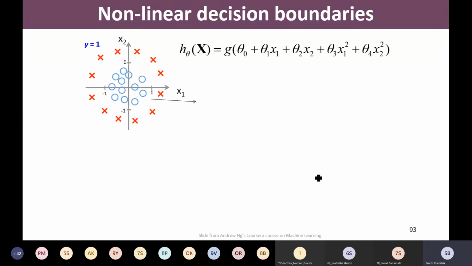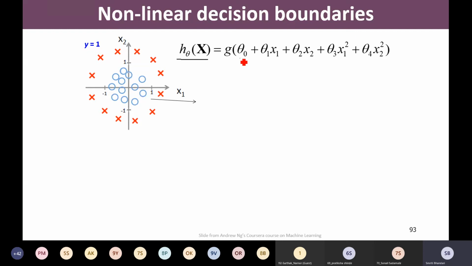So once again, we are assuming that our h theta x, that is the hypothesis, is of the form g of theta 0 plus theta 1 x1 plus theta 2 x2 plus theta 3 x1 square plus theta 4 x2 square. If we look at these samples, we know that a linear function will not help us to segregate the samples into two classes.